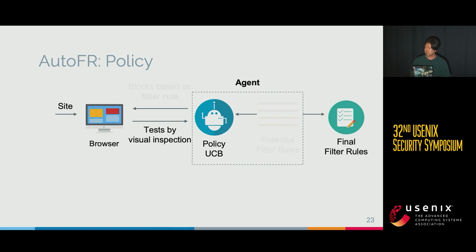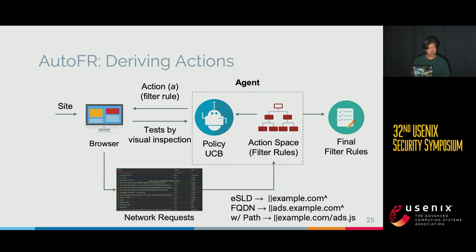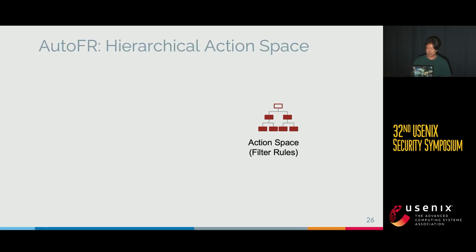And so our potential filter rules are now our action space, which is all the set of rules that the agent needs to explore. And every time we select a filter rule to test, that's our action. To derive our action space, we can simply take all the outgoing network requests and then generate the URL-based filter rules as shown here. We're also going to exploit an inherent hierarchical structure within filter rules.